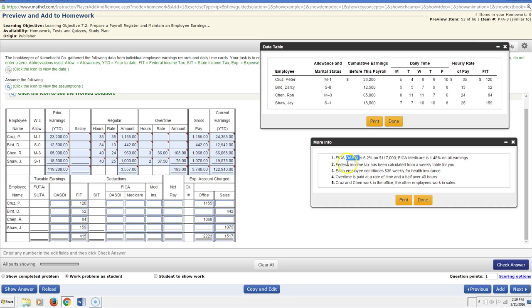The first is referred to as OASDI, which stands for Old Age and Survivors and Disability Insurance. The OA is the Social Security that I collect, or that your mom and dad collect if they've retired, or your grandparents collect if they've retired. They get a Social Security pension.